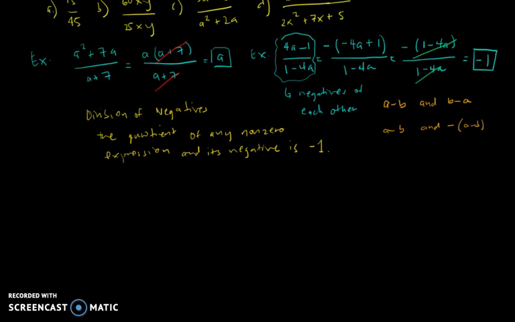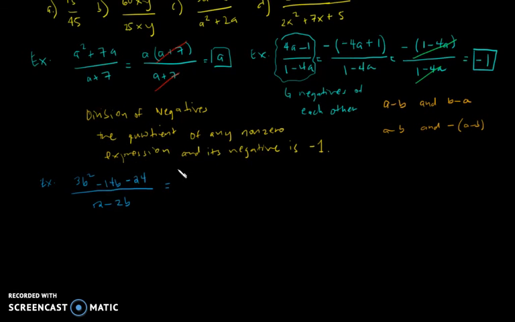Another example, let's say we have 3b squared minus 14b minus 24 over 12 minus 2b. First, I'm going to factor the numerator, applying what we have learned in our factoring topics.